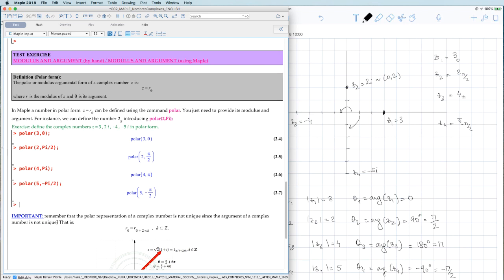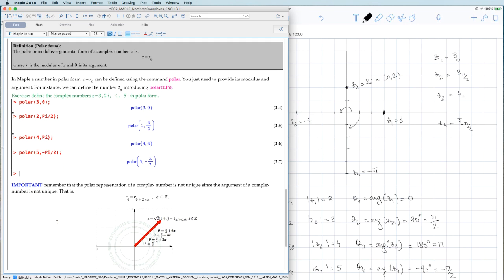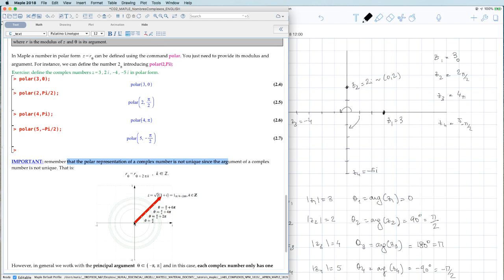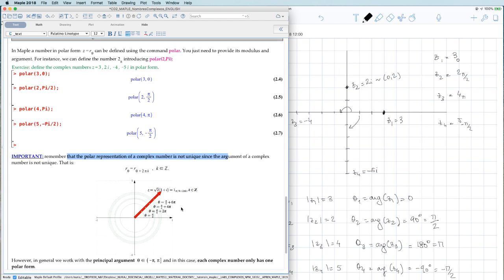Again, let's say it again, the argument of a complex number is not unique, so the polar representation is not unique since the argument is not unique. So, for instance, this number here, Z, can have an angle of pi over 4 or pi over 4 plus 2 pi, or pi over 4 plus 2 circle rotations or plus 3 circle rotations, or we can also subtract 2 pi, 4 pi, 6 pi.